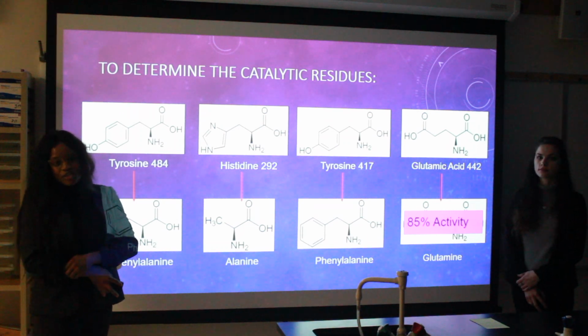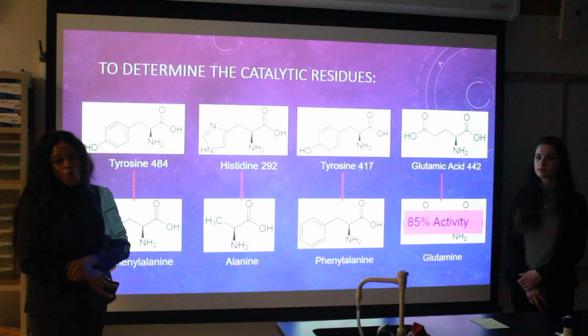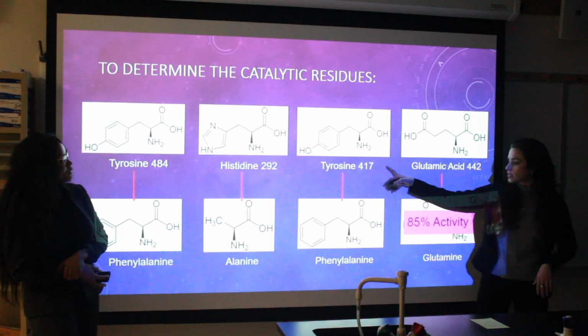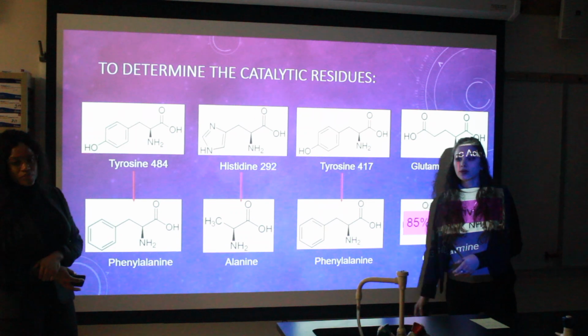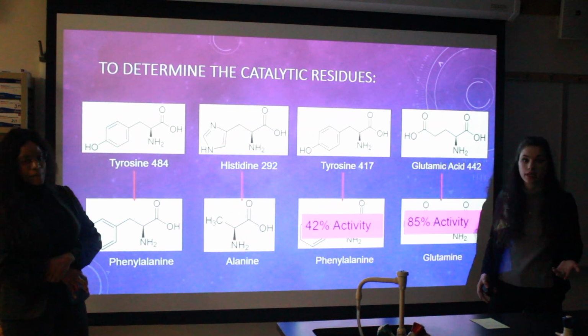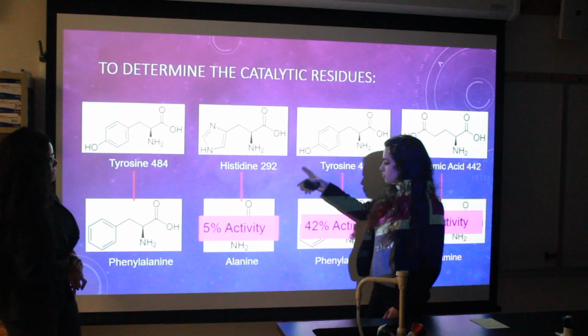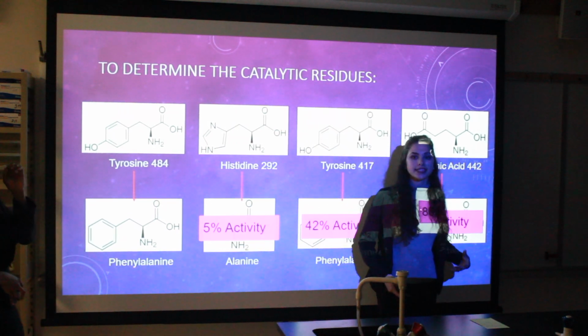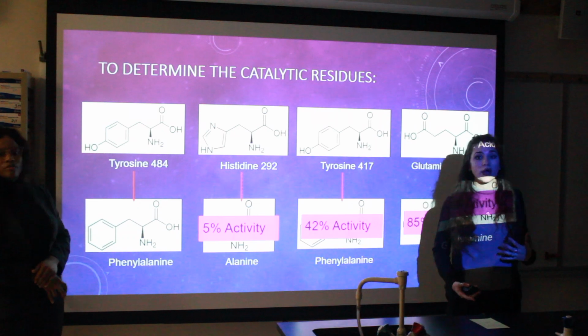This signified that glutamic acid 442 was not the catalytic residue. Now, tyrosine 417 changing into a phenylalanine still resulted in 42% activity. Histidine 292 changing to an alanine resulted in 5% activity, which is pretty low, but not quite zero.